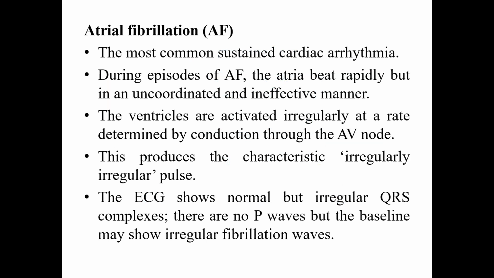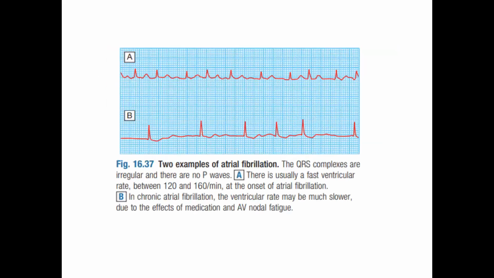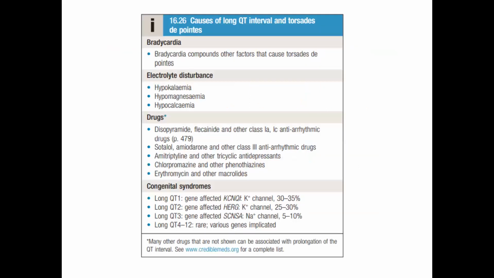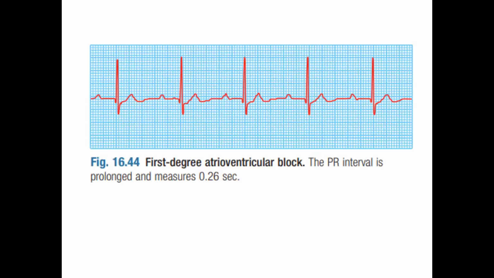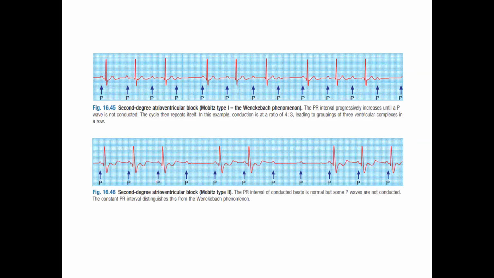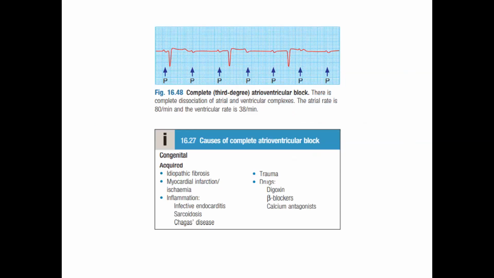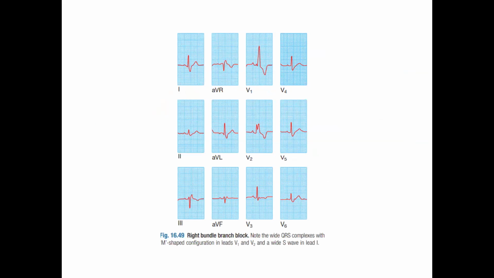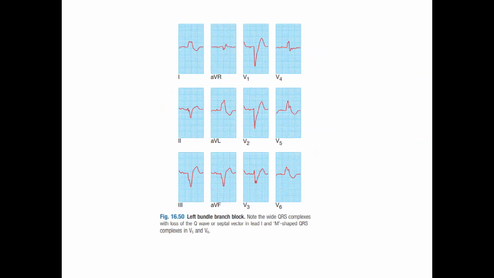The most important thing is that the most common sustained cardiac arrhythmia is atrial fibrillation, with its common causes. Then Wolff-Parkinson-White syndrome, very important. Then heart block: first degree, second degree, Mobitz type 1 and type 2. Mobitz type 1 is also known as Wenckebach phenomenon. Then complete heart block, common causes of bundle branch block, and how we identify it: in V1 and V2, when there is this pattern, it is right bundle branch block, and in V5 and V6, when there is the same pattern, it is left bundle branch block.